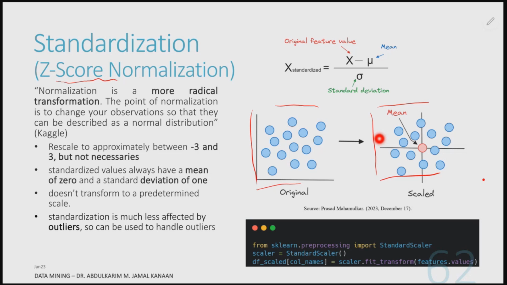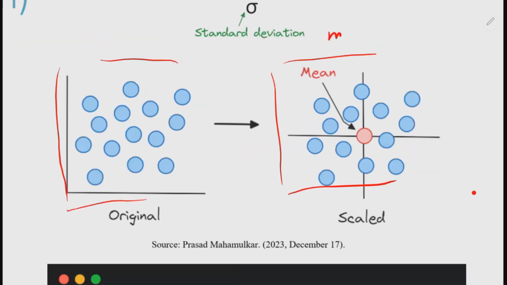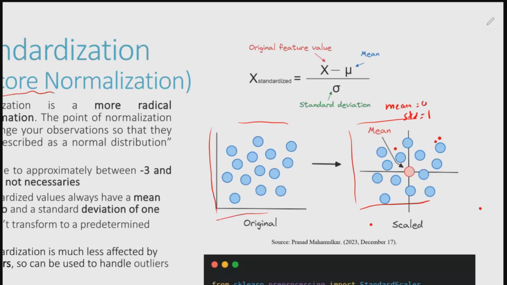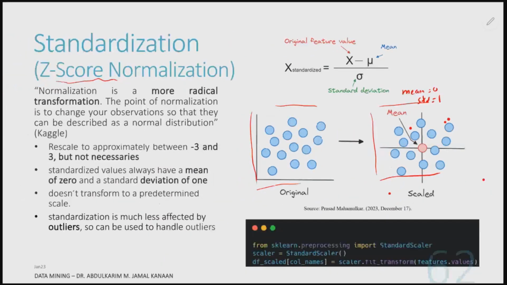The only difference is the mean value should be 0 when you apply standardization. So the mean would be 0, and the standard deviation is 1.